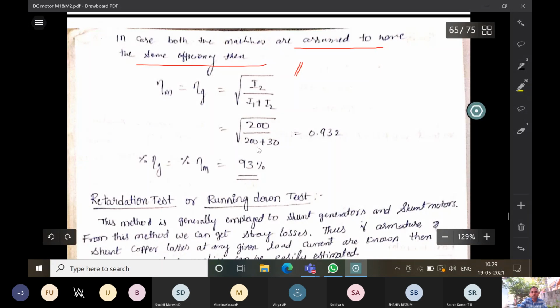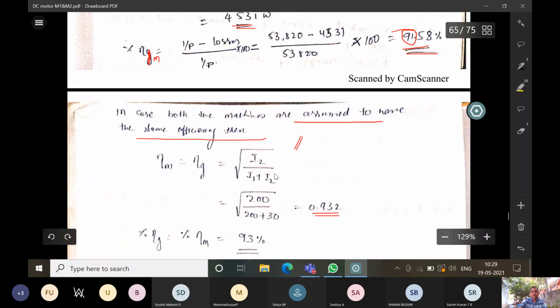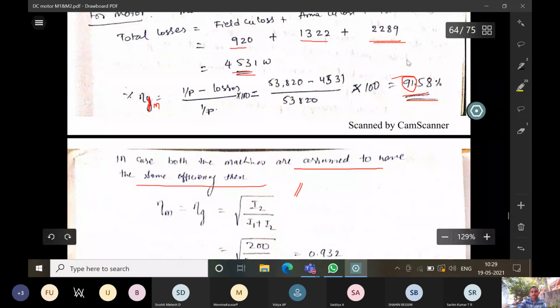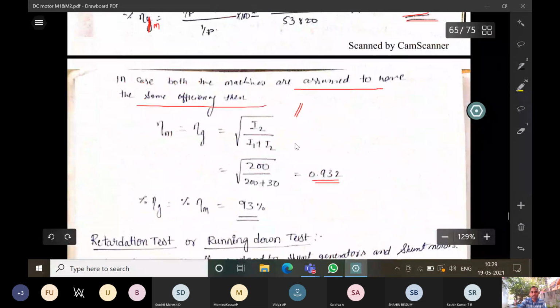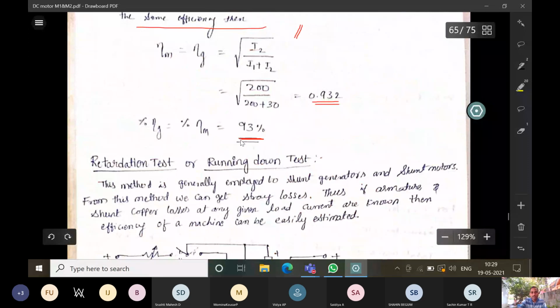I2 is 200, I1 is 30. So this is 0.932. It means 93%, almost nearly equal to 91%. By using this formula you will get a nearer value.